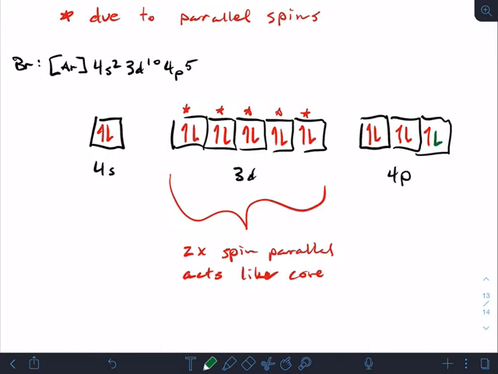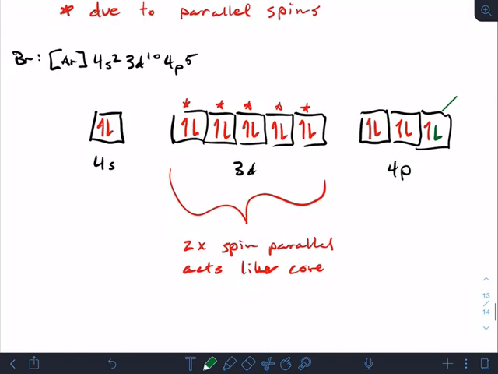Now, looking out here at my 4p, if I put one more in there and that causes this to be Br minus, filling that subshell all the way is more stable.